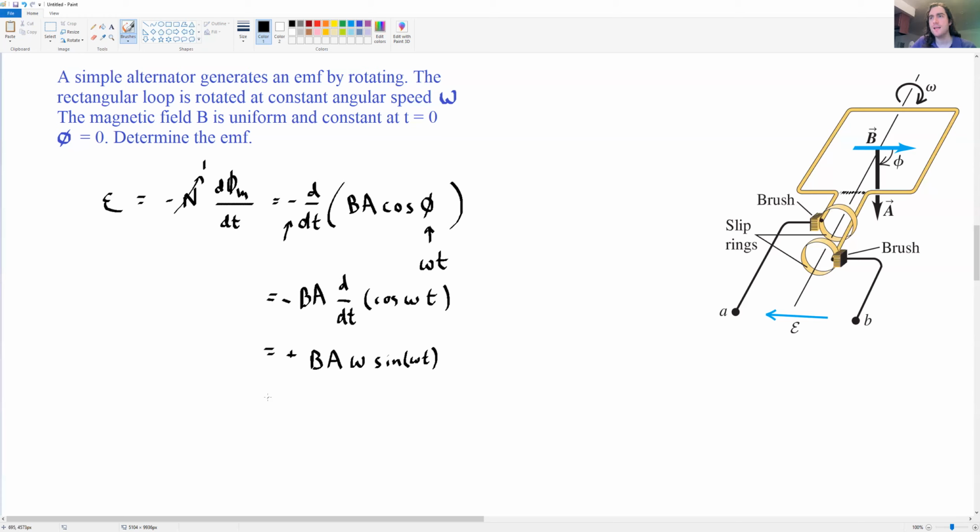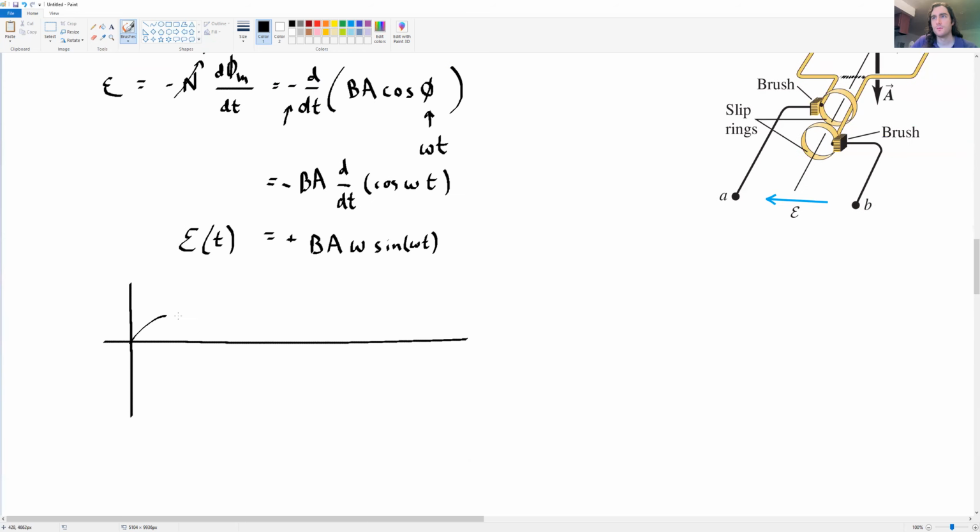So this is nice. This tells us how we generate AC current or AC voltage. Notice we have a sine wave here. I want to draw a graph. So we can write now that E of t is a sine wave. And what is the peak voltage? What is E max?